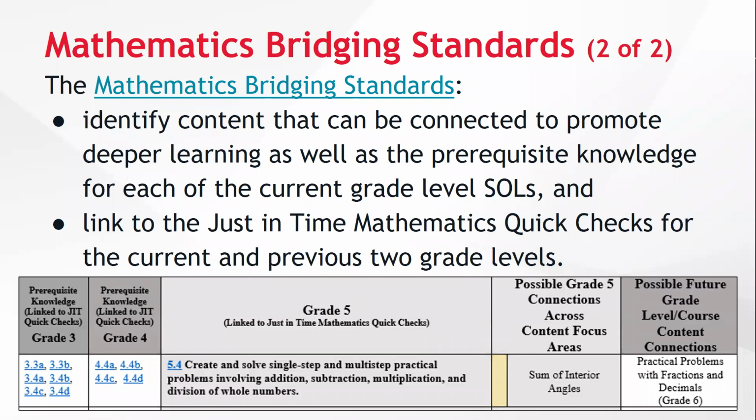This includes bullets A through D for SOL 4.4. Note that teachers can use the links in this document to open the just-in-time mathematics quick check that has been developed for that particular SOL bullet. So using this document itself saves time when planning instruction.